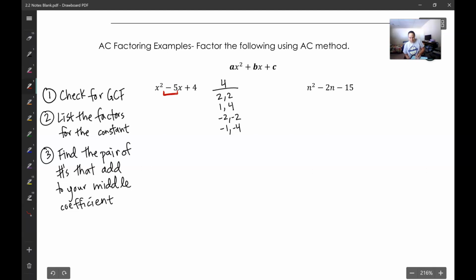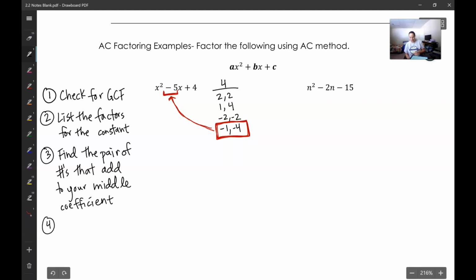Remember, coefficient is the number in front of your letter. So that middle coefficient is -5. And I'm going to look down my list and find the pair of numbers that will add to -5. Well, right there. -1 plus a -4. If I add those together, it gets me to my -5. So I found my pair.